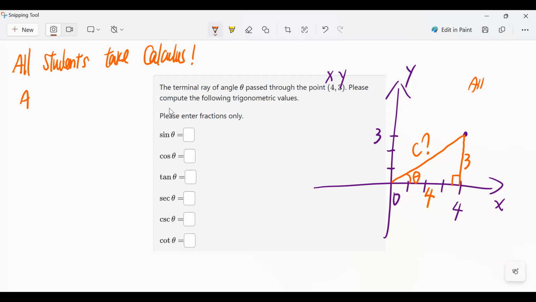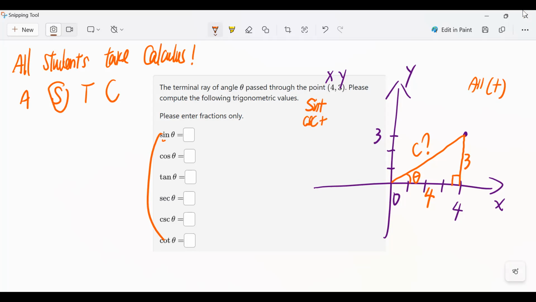So A, S, T, and C. Meaning in the first quadrant, all 6 trig functions are positive. In the second quadrant, only sine and cosecant. S represents sine. If sine is positive, then cosecant is positive.